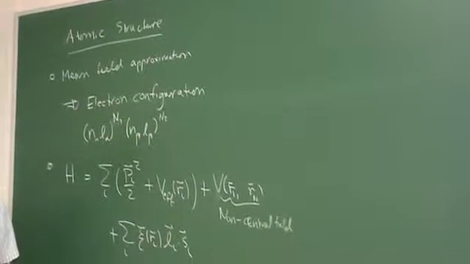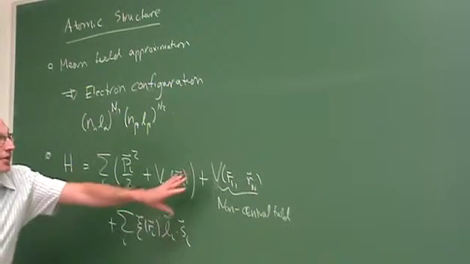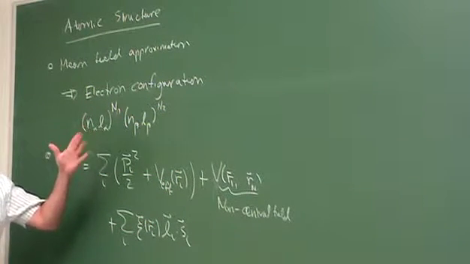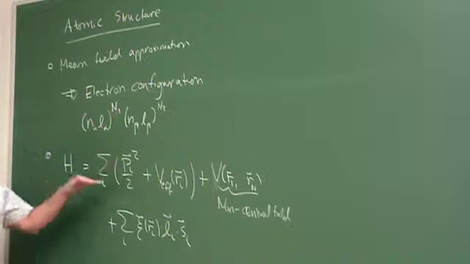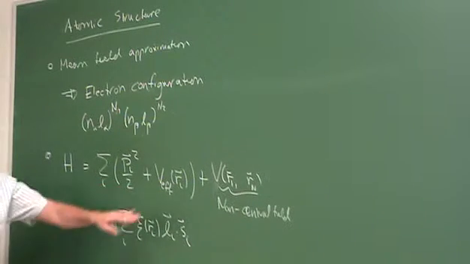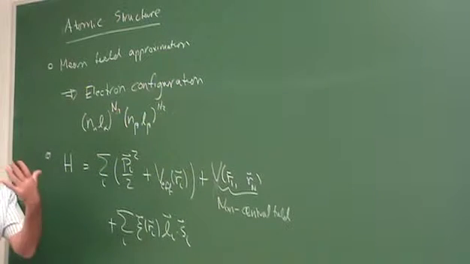And so what we discussed last time was how we can think about these additional terms as perturbations to this description. And depending upon which of these terms dominate, that determined, in some sense, what the good quantum numbers were that described this many electron state, this many electron wave function.